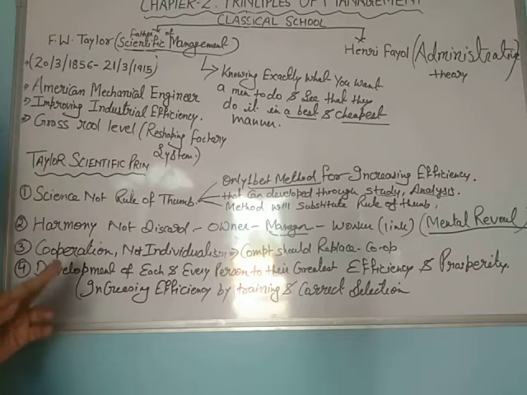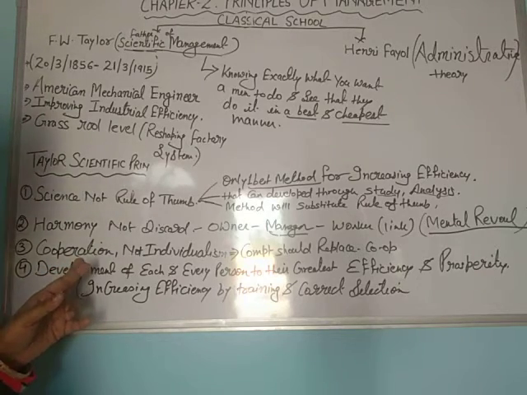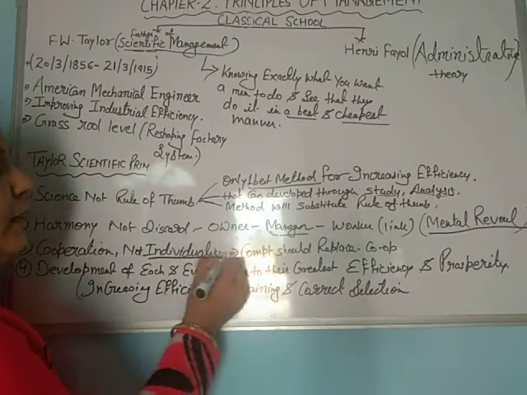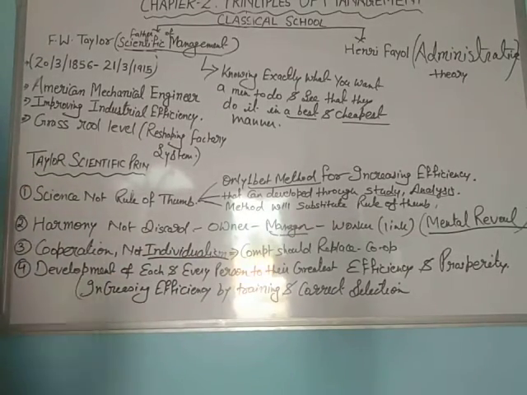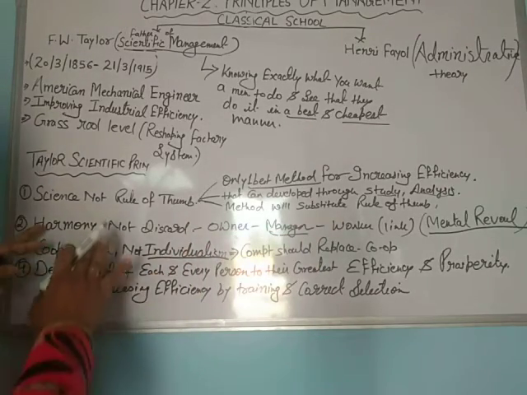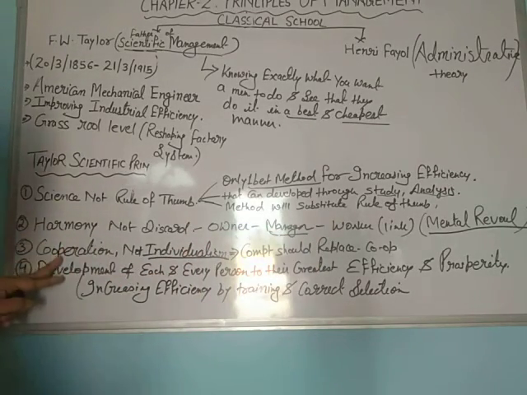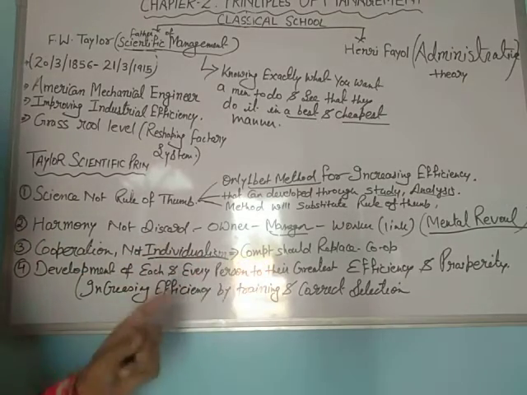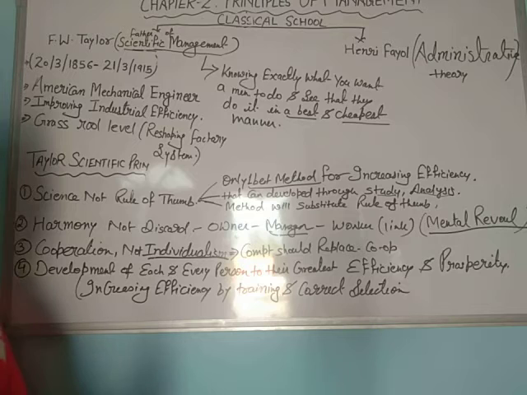It means every person working inside the organization should not only think about their own benefit, they should think about the benefit of the organization. And this is only possible when we have proper cooperation between the owner, manager and worker. The same point was a little bit expanded over here, right? So this is what they are saying, that in our organization we have to replace I with we.